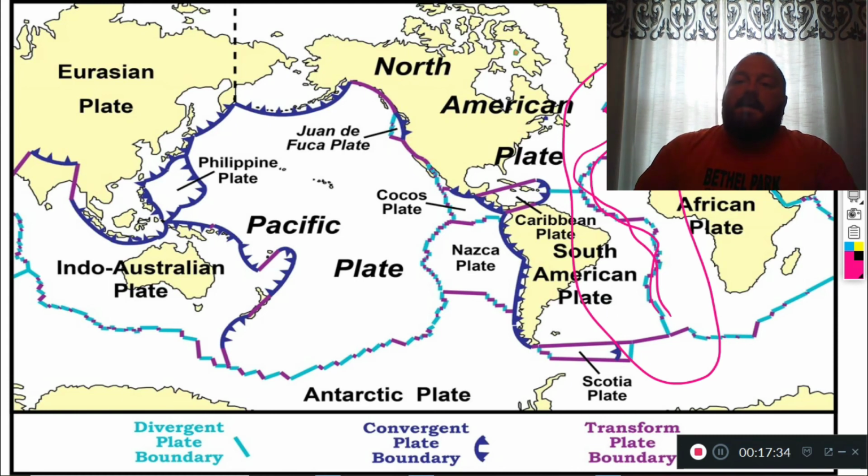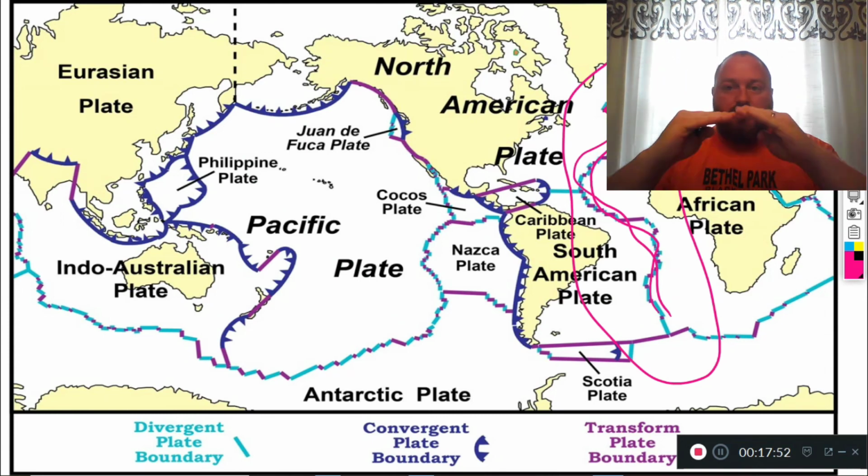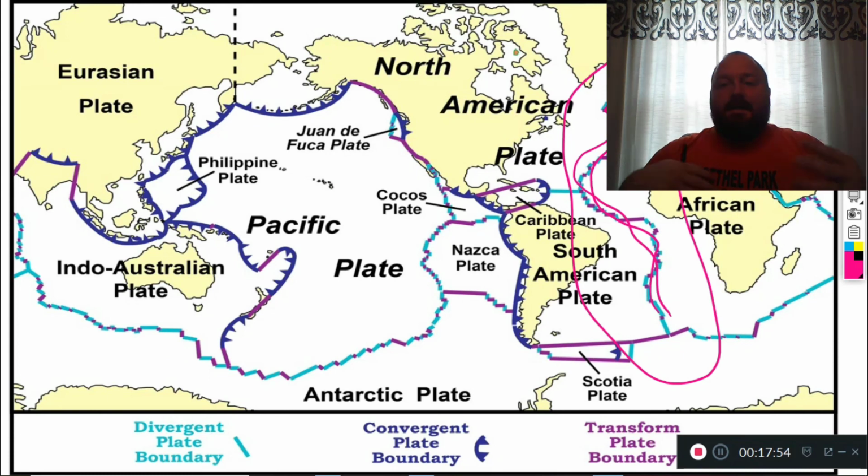Now, the thing I want to touch on here, remember how we said we don't usually see too much continental divergence. The one exception to that is going to be this area right here in Iceland. And that's why Iceland has so many volcanoes. Since those two crustal plates are starting to pull apart, the crustal surface is really close to the magma already. Iceland's a very, very good spot for geothermal energy because the crust is very thin there.